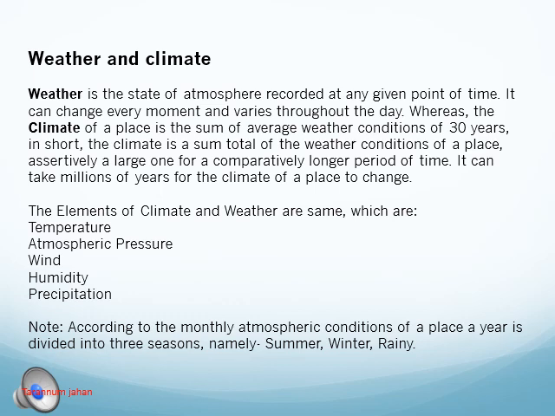As I have given an example, the moment Russia is mentioned, it sticks to your mind: long coats, ice everywhere, it's very cold. But usually Russia even has summer and a rainy season. But because the image has been created by the sum total of the seasons of that particular region, it is winter.